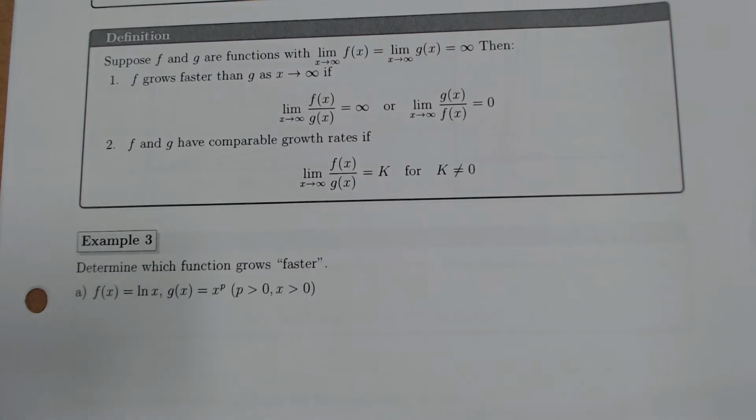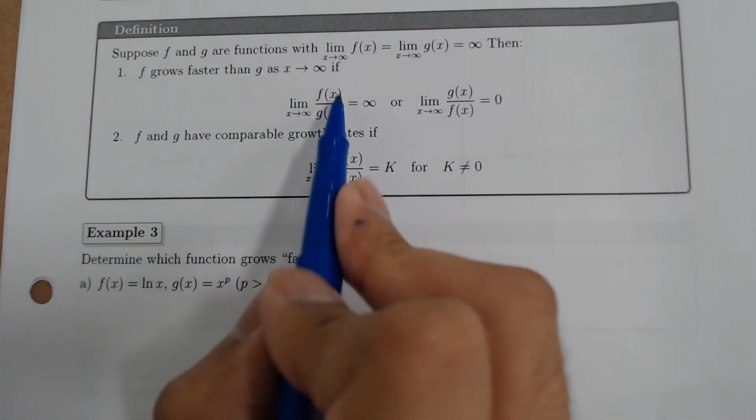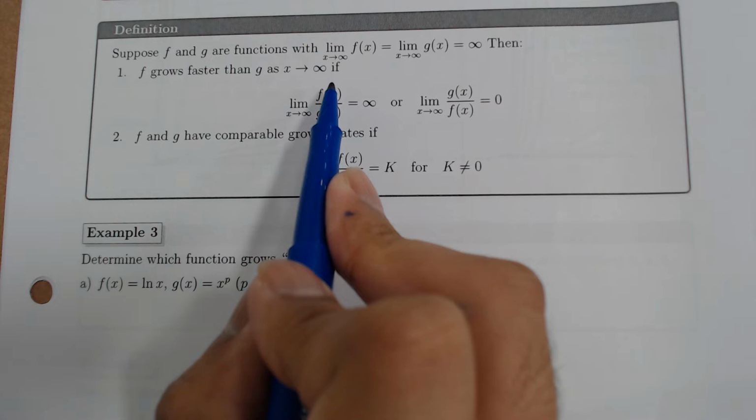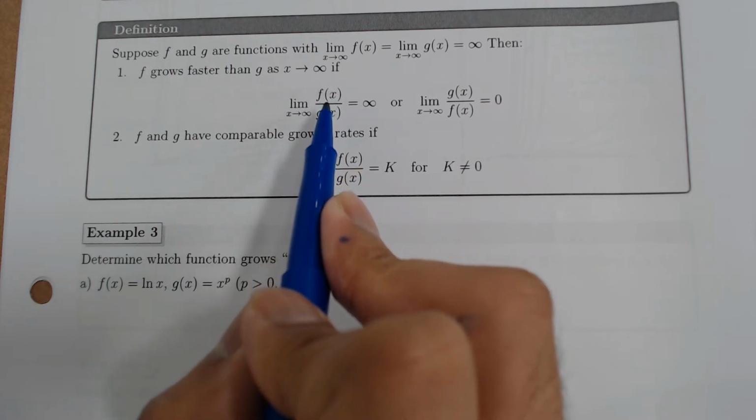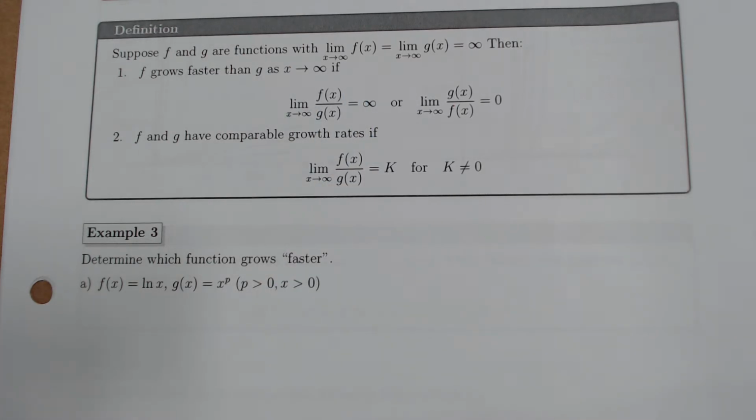So f is our primary function. If we set the limit with f in the numerator and g in the denominator, and the limit is infinity, that means the numerator grows faster than the denominator, right?